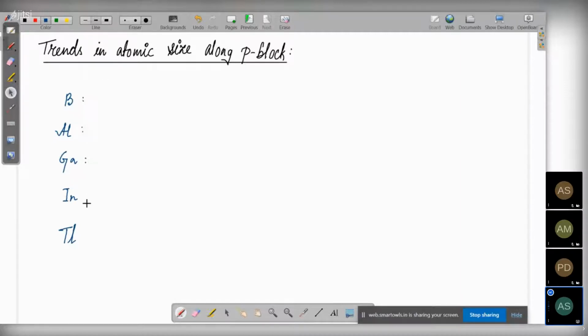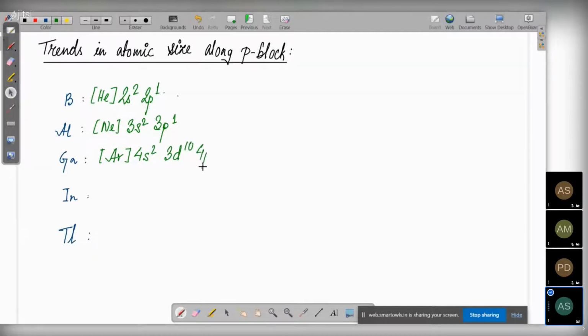Let us write down their configurations. Boron is helium 2s2 2p1, aluminium is neon 3s2 3p1, gallium is argon 4s2 3d10 4p1.